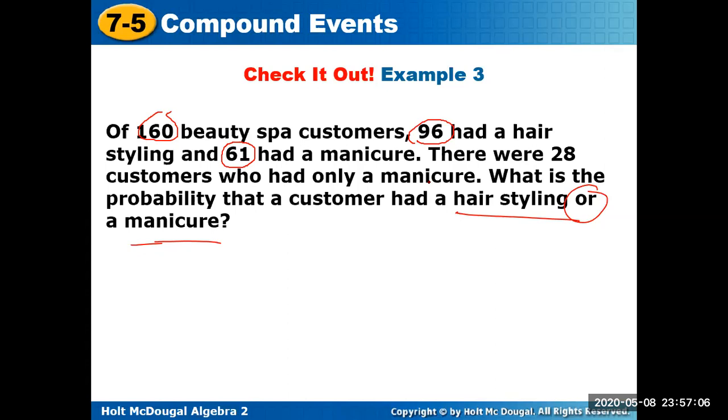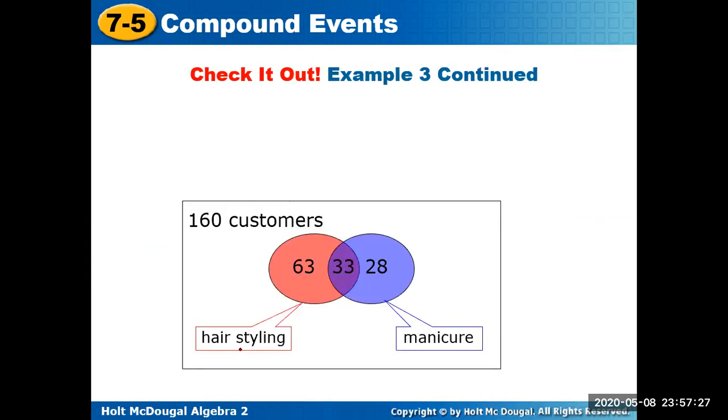That means the remaining had hairstyling as well as manicure. It's in the common area. Total 61 were manicure minus the 28 who did only manicure but no hairstyling. So the 33 would be both hairstyling and manicure. So this is how you'll represent using the Venn diagram.